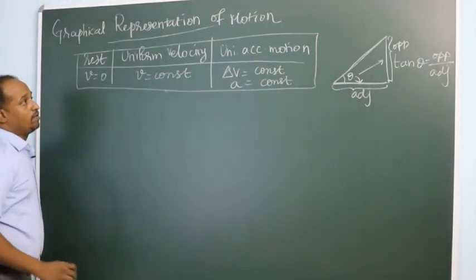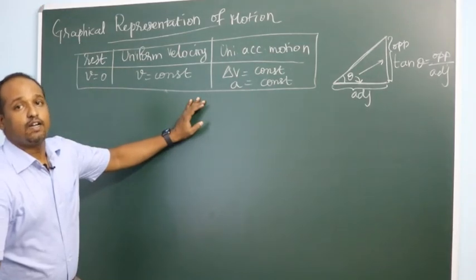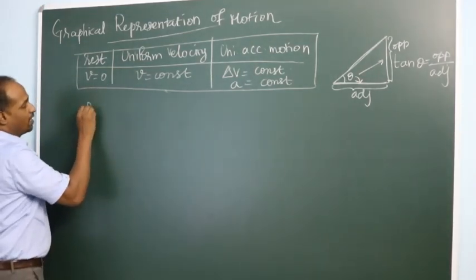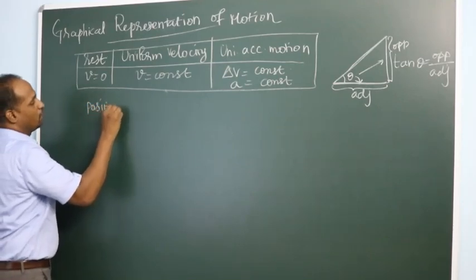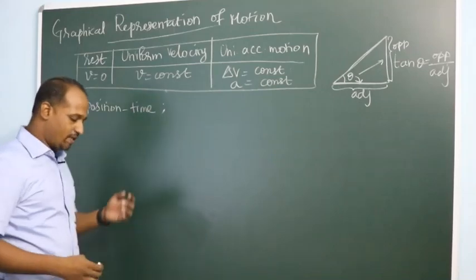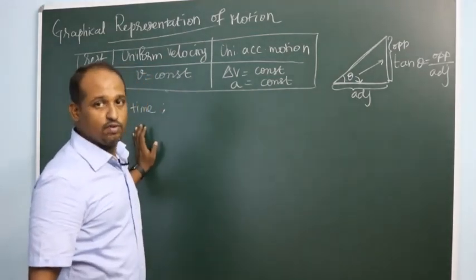Okay, so there are three things which we would like to represent, and there are three types of graphs. One is position time graph, because whether we like it or not, whether the object moves or not, the time flows, just flows.